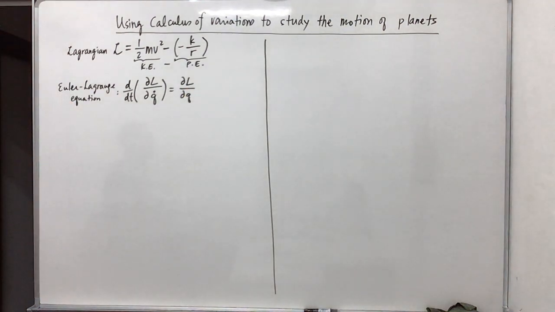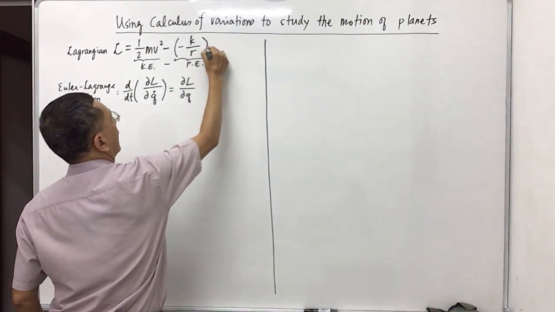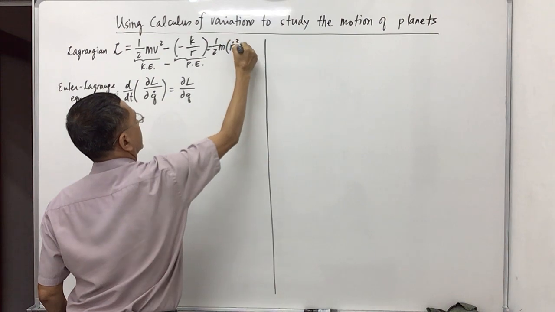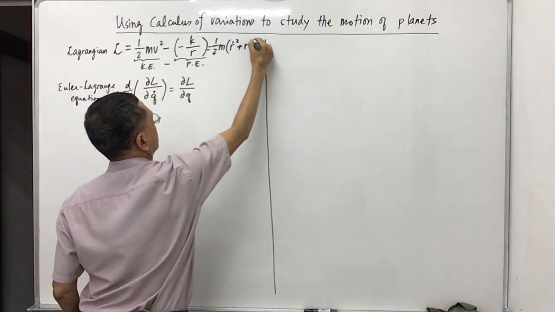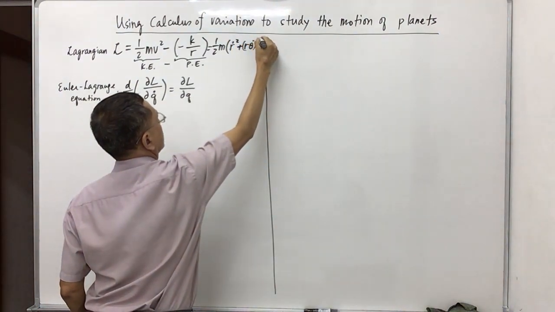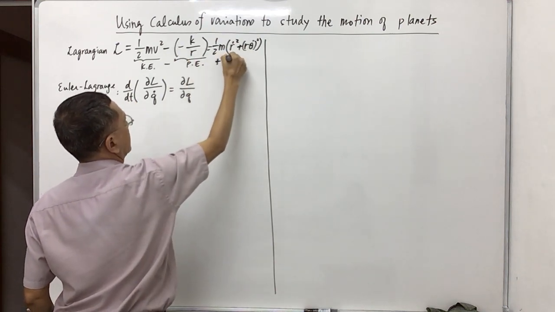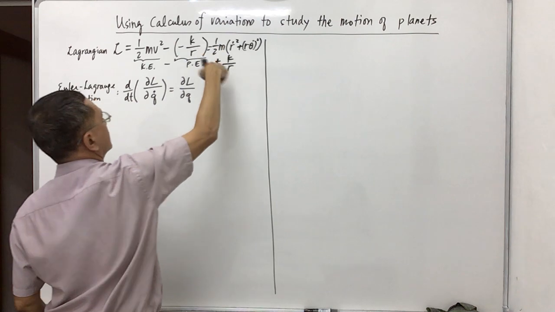Now we use partial derivative because the Lagrangian is actually a function of several variables. You see, although we write KE as half mv squared, actually we can decompose it into half m times (r dot squared plus (r theta dot) squared). That's the KE. Minus the potential becomes plus k over r. So this is the whole Lagrangian.